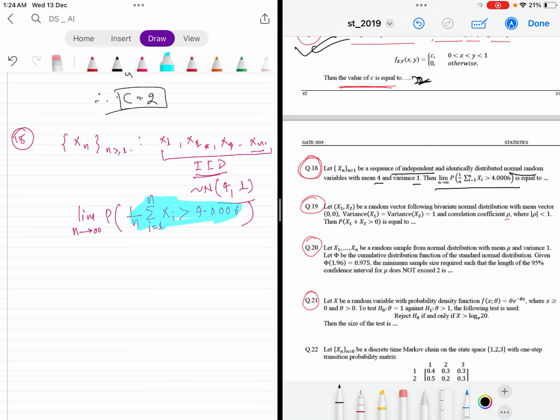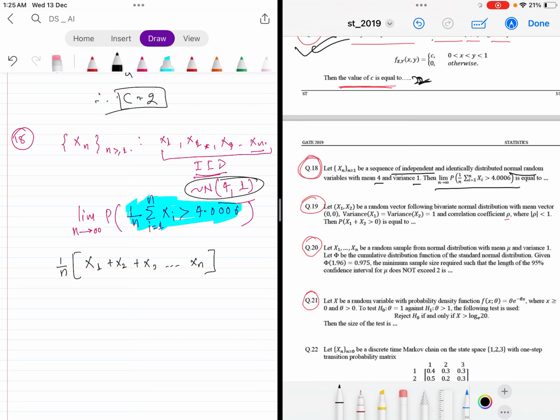If you expand this, it will be 1 by n times the sum of all those normal random variables, X1 plus X2 plus X3 till Xn.